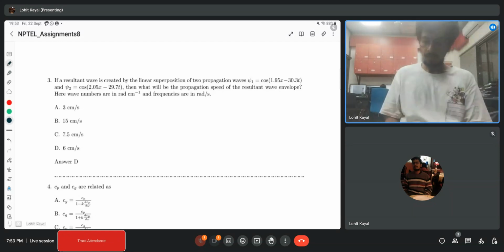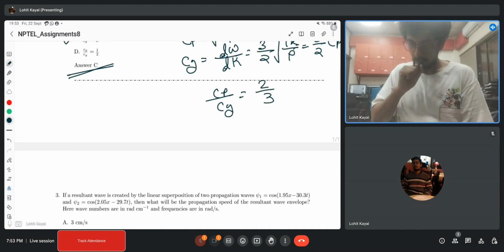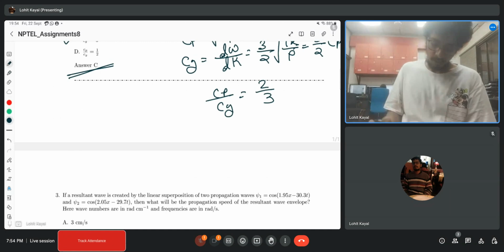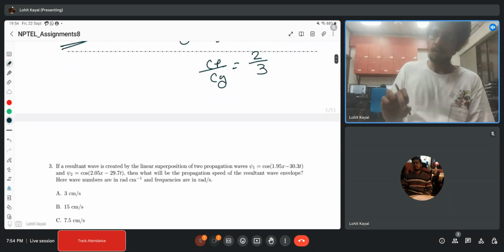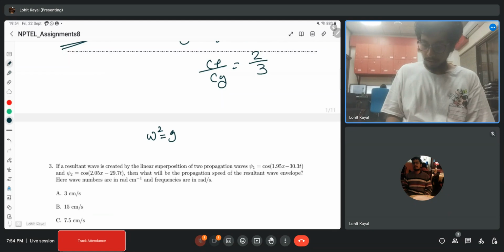So now, while we are doing this, let us also take a look at what happens at finite depth. Suppose you have a problem with finite depth and pure gravity. What is your omega? We have derived it. It is omega square equal to gk tanh kh, where H is the depth.